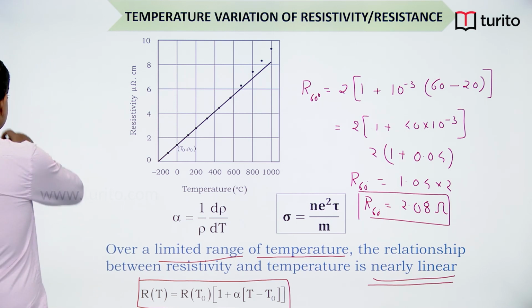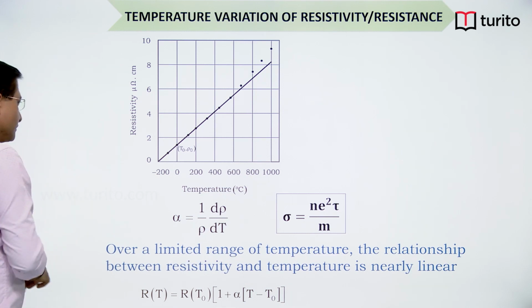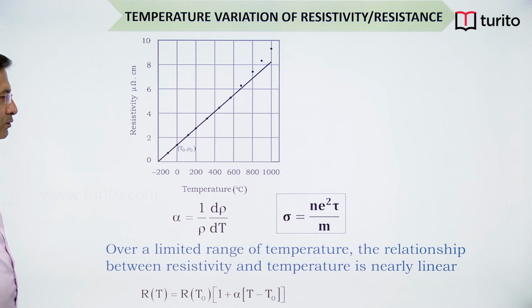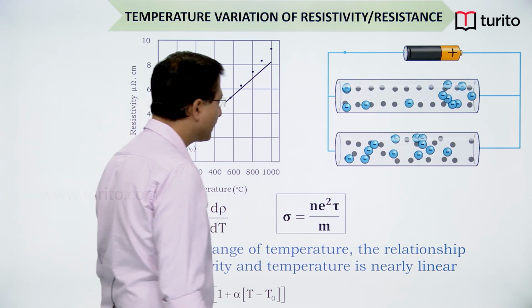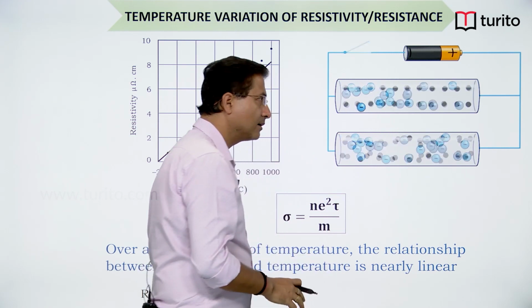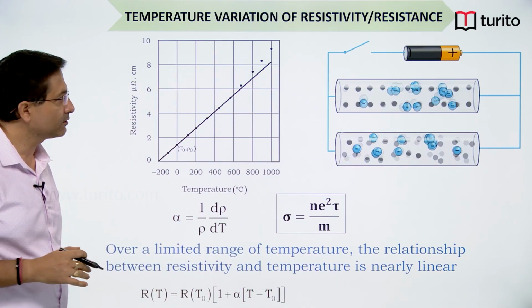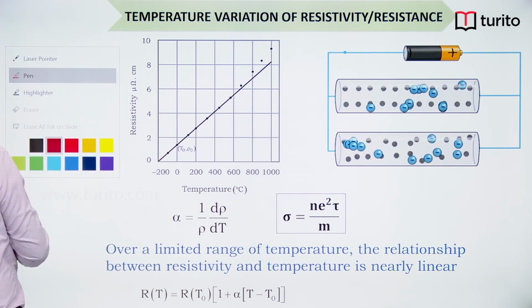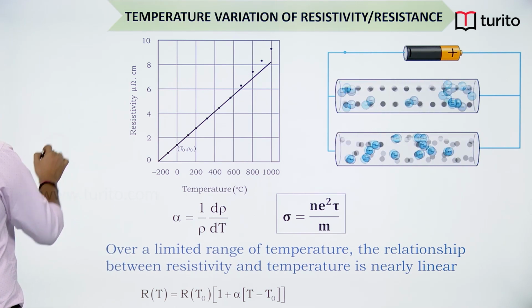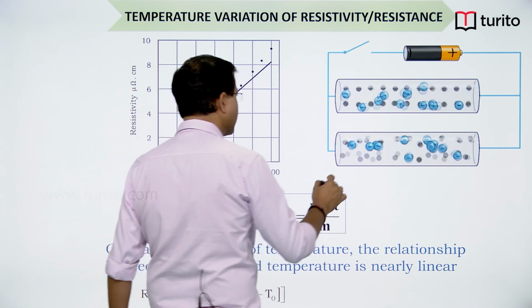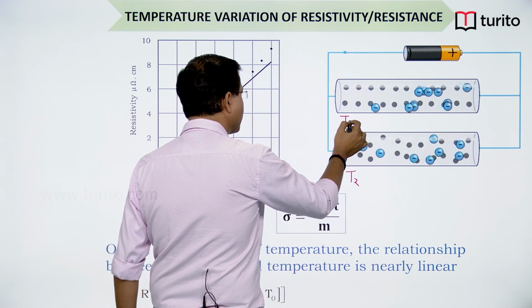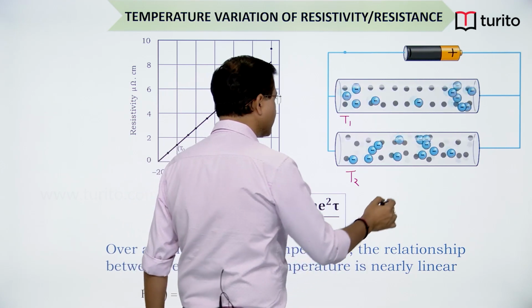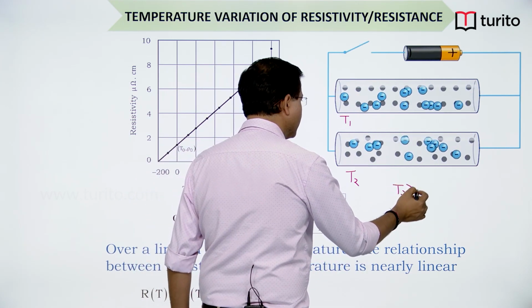Now, how the heating will affect the flow of current, let us see that. So, I have two conductors maintained at two different temperatures. Okay. Let us say temperature of this one is T2 and temperature of this one is T1, and I am considering T2 is greater than T1.